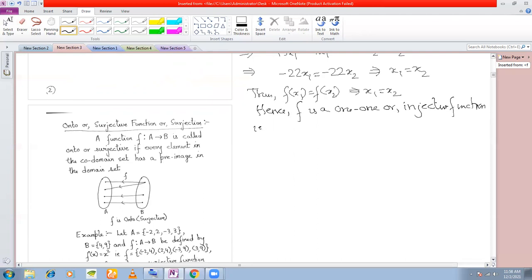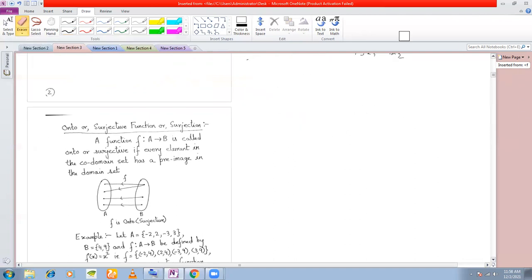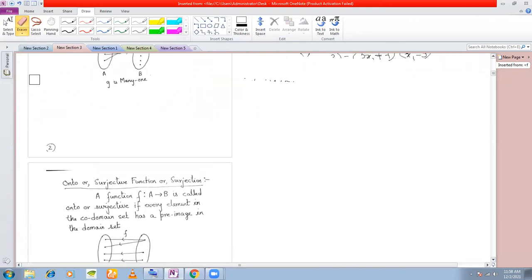That is, f is an injection. Okay, so as simple as this. Let us move on to the next problem. Any question till this part?